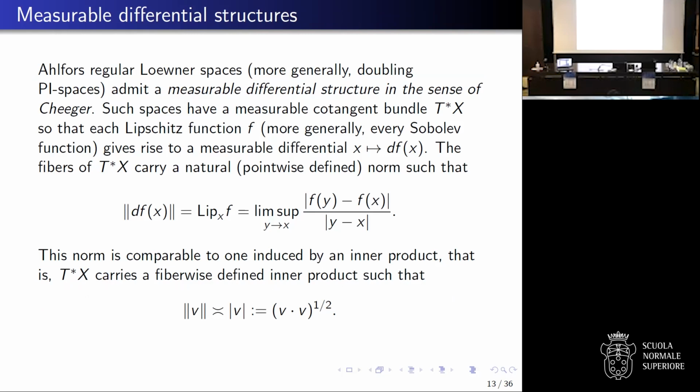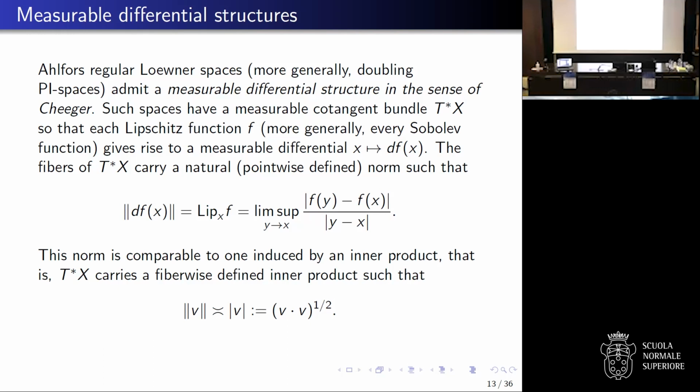Essentially, for each Lipschitz function, or more generally for each Sobolev function, you get a measurable differential, defined almost everywhere, that can be considered as a section in this bundle. The values here are in some R^n, where this n is uniformly bounded. So you can think of this differential as sitting originally in some Banach space, but in a moment we will actually put it in a Hilbert space.